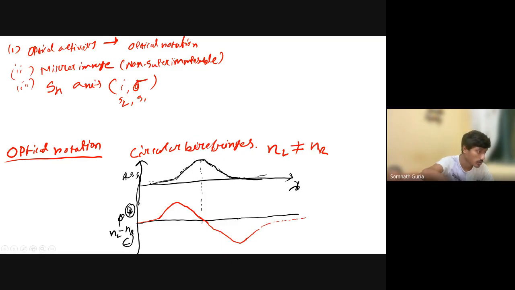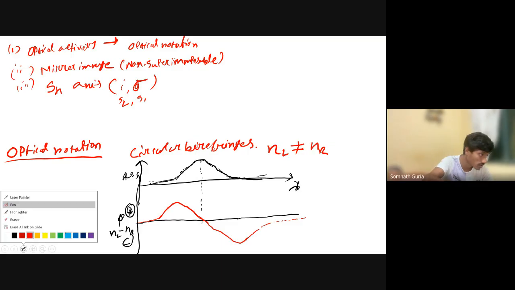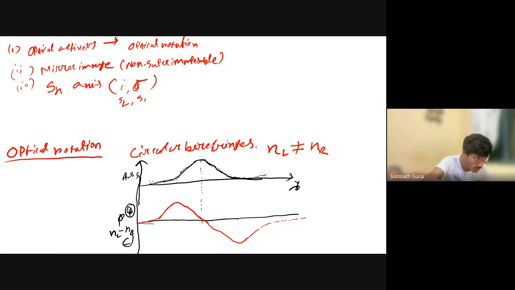And another molecule, another enantiomer, which is the mirror image of each other, exactly gives the mirror image, which is actually in the opposite direction.